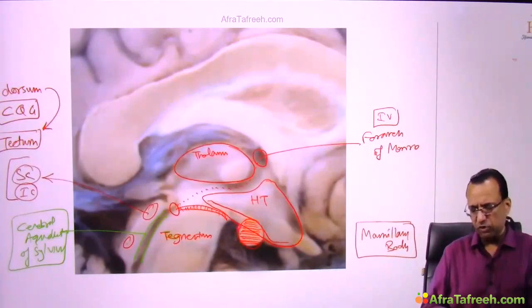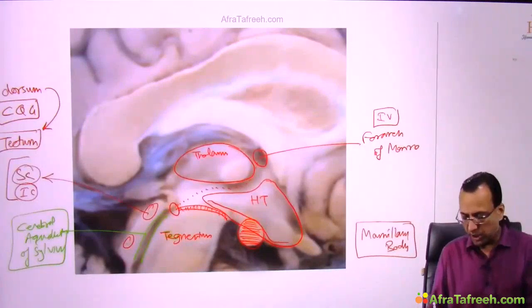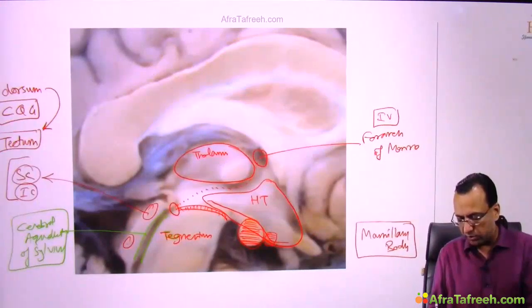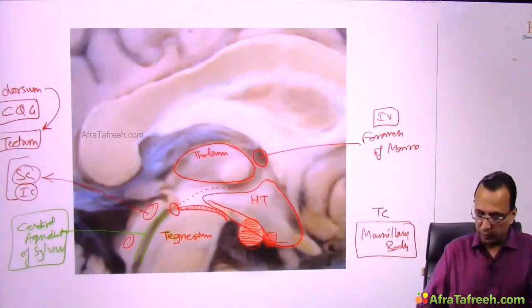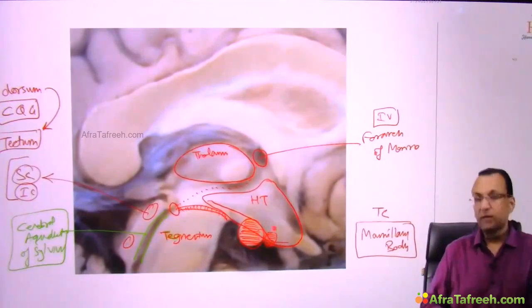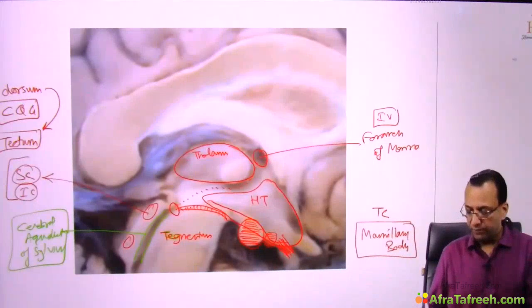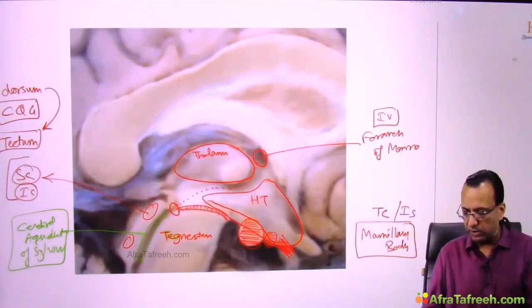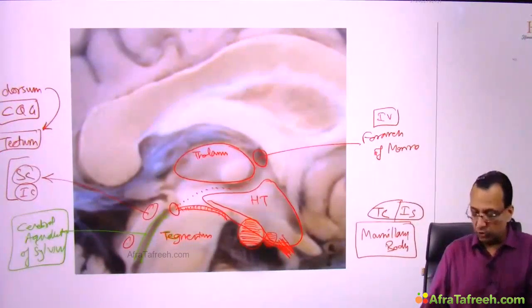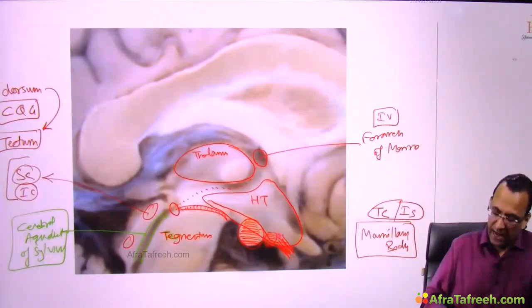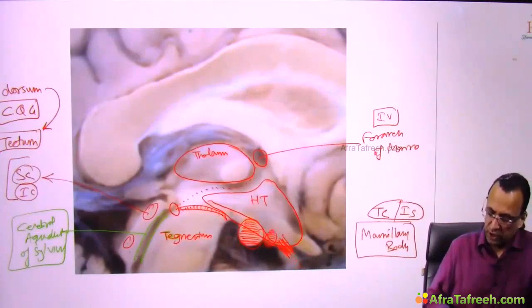I think there is some more structures. Yes, there are. There will be a tuber cinereum also, TC. And there is one more thing. What is that? That is infundibular stalk. If you say that is infundibular stalk, what is infundibular stalk for? That is to connect the neurohypophysis, posterior pituitary.